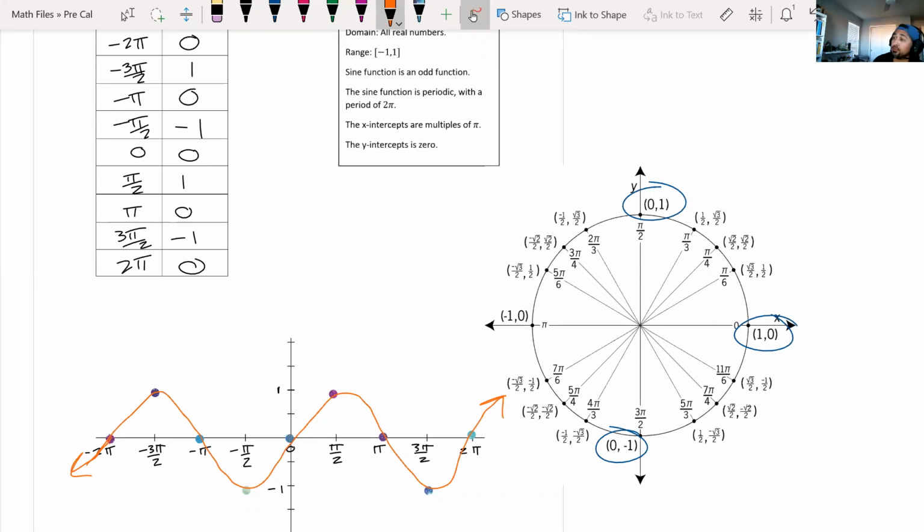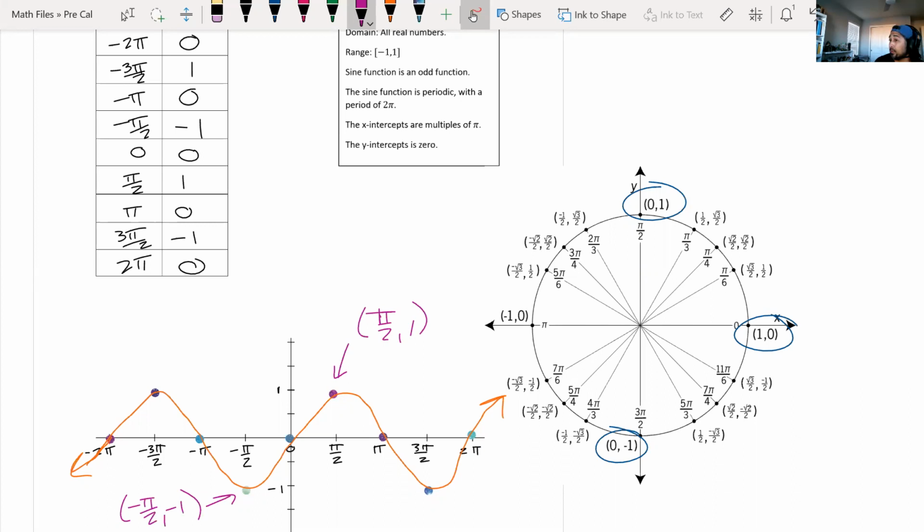Sine is an odd function. Remember, if you're odd, you reflect across the origin. That means that if this point is pi over 2 and 1, that means at this point, if you reflect it across the origin, is -pi over 2 and -1.